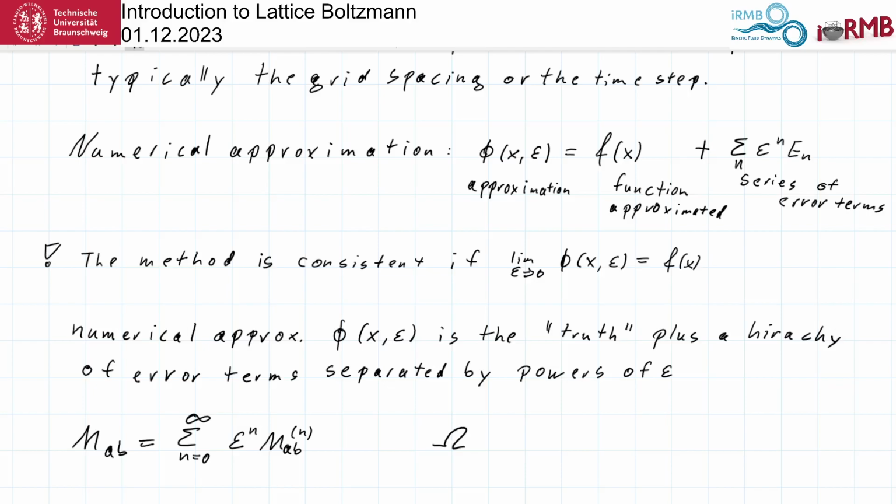So the same thing can of course be done also for the collision, the omega here, n from 0 to infinity, epsilon n, and this is omega ab at the order n.